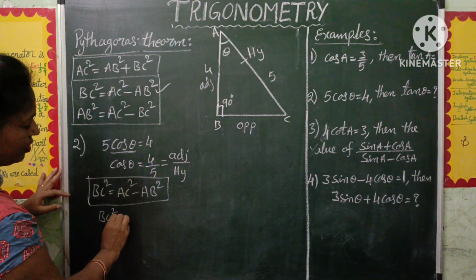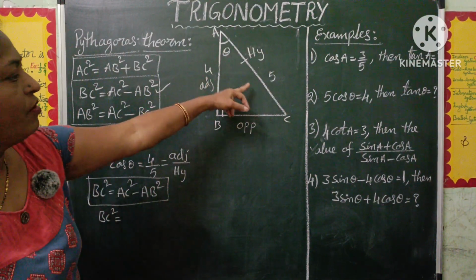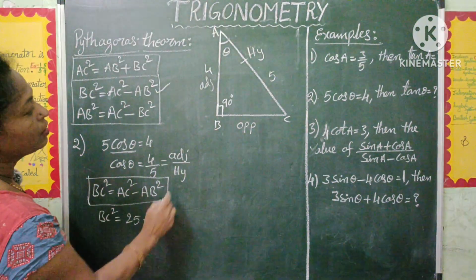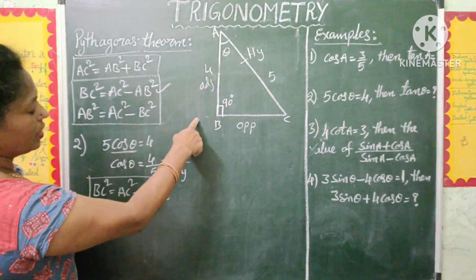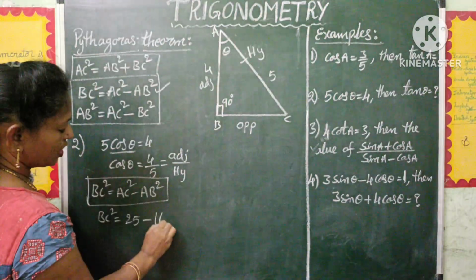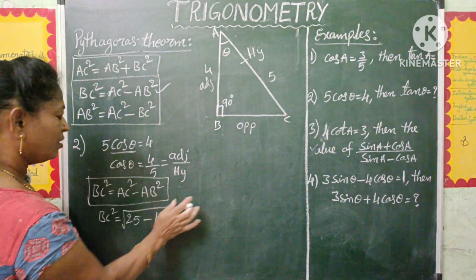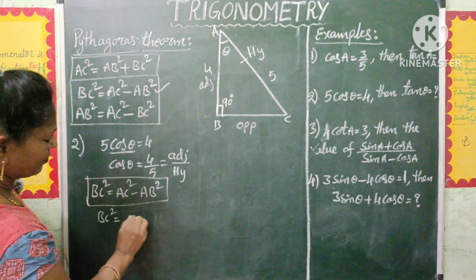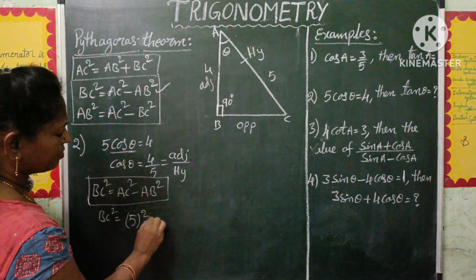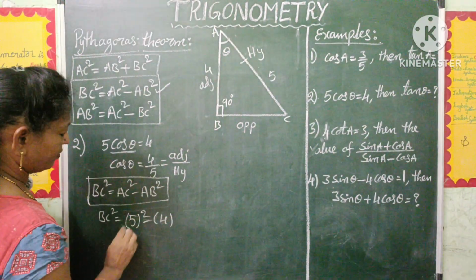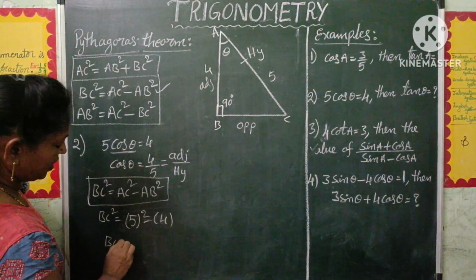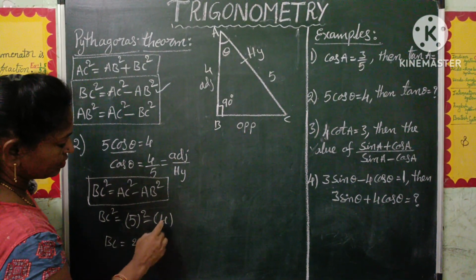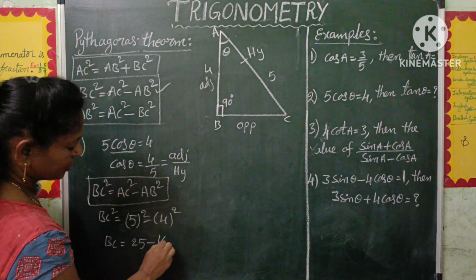BC square equal to AC square, which is 5. 5 5s are 25 minus, here what is the AB square? 4, 4 4s are 16. I don't write it directly. Why? Because somebody may not understand. 5 square minus 4 square, and BC equal to 5 square as 25 minus 4 square as 16.